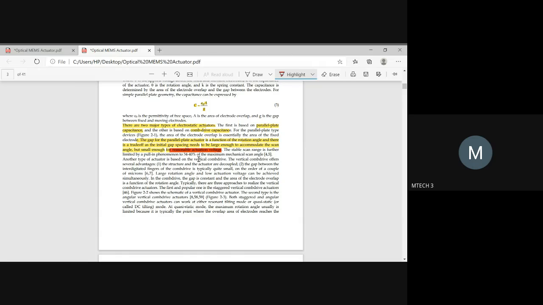And another type is the combo drive. So this is a vertical combo drive. This vertical combo drive has some advantages over the parallel one. The first one is that the structure and the actuators are decoupled here.